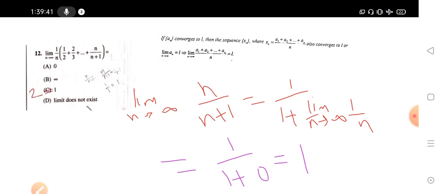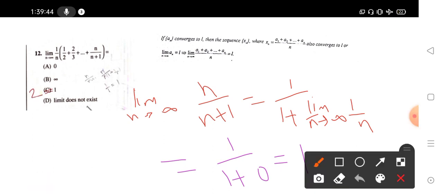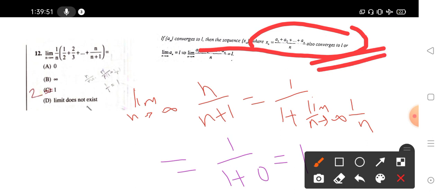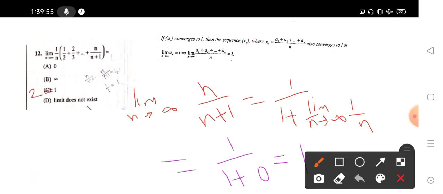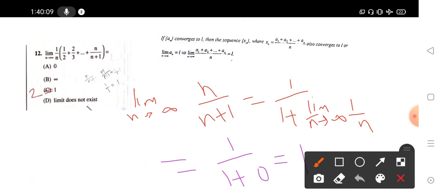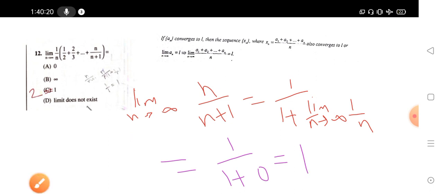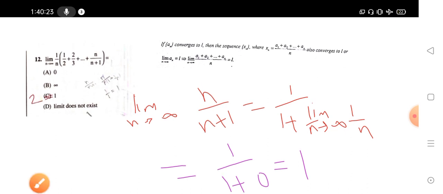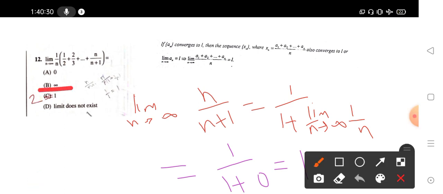Here is one important result: if an converges to L, then the sequence xn = (a1 + a2 + ... + an)/n also converges to L. Given this statement, now find the limit of n/(n+1). Here n/(n+1) equals 1/(1 + limit of 1/n), and as n tends to infinity 1/n tends to 0, and finally we get 1/(1+0) equals 1. Therefore option C is correct.